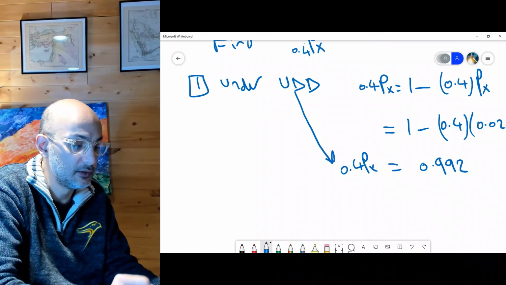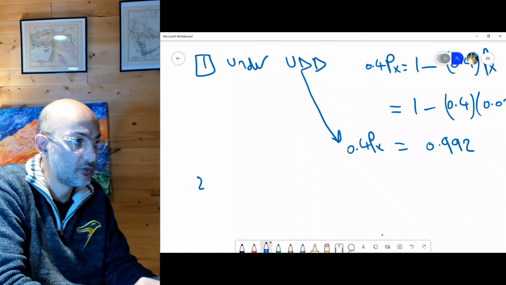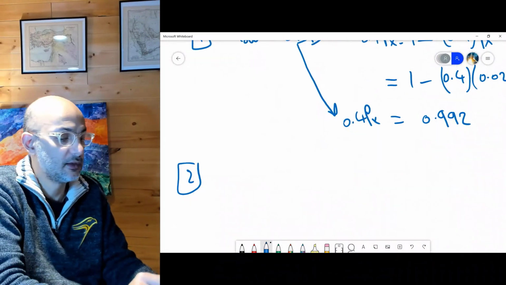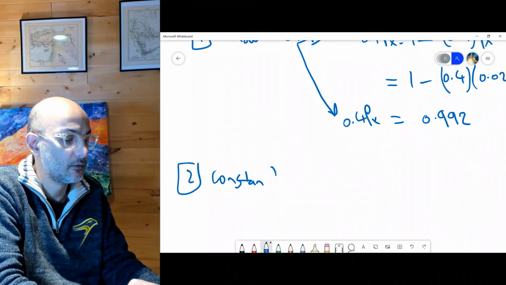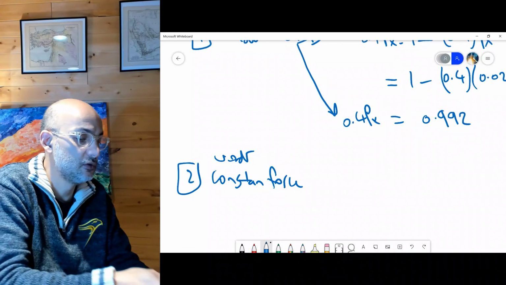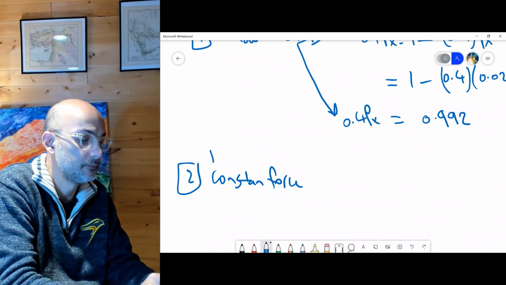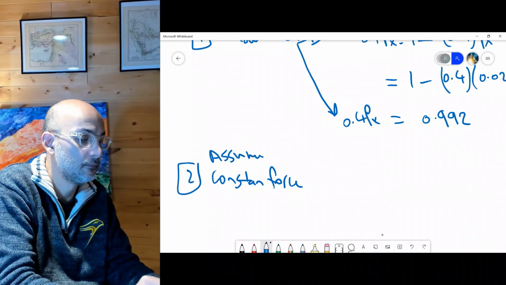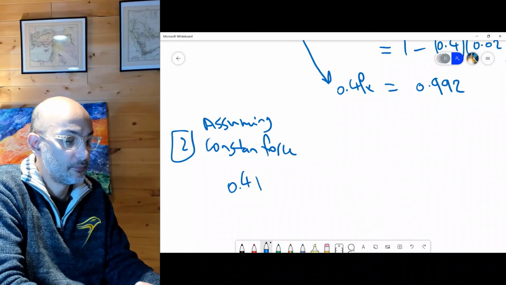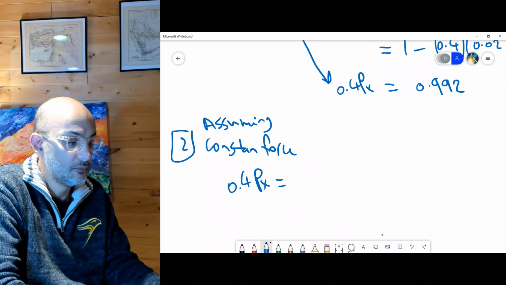Remember, under UDD. But let's try to find it also under constant force of mortality. We want to find it under constant force. So assuming constant force, and simple, s px is equal to px raised to 0.4.